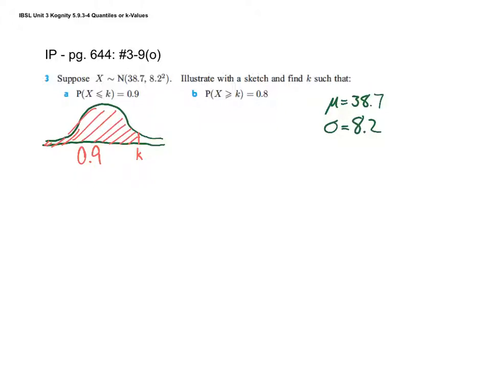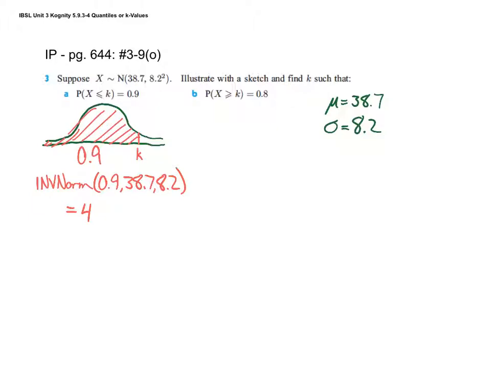If I wanted to find k, I'd be using inverse norm with 0.9, 38.7, and 8.2. Inverse norm is right below normal CDF, so you've probably seen it already. What do we get when we do this?